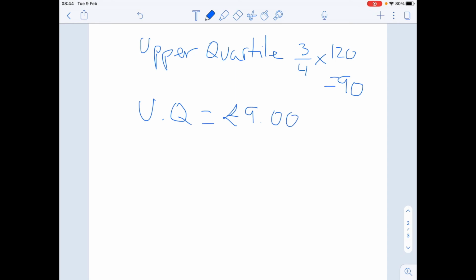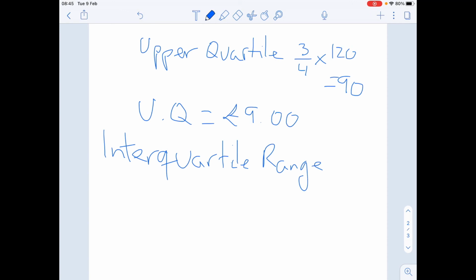I can find the median, the upper quartile and the lower quartile, and finally they may ask you to find something called the interquartile range. That's literally the range between the two quartiles. So it's the upper quartile minus the lower quartile.